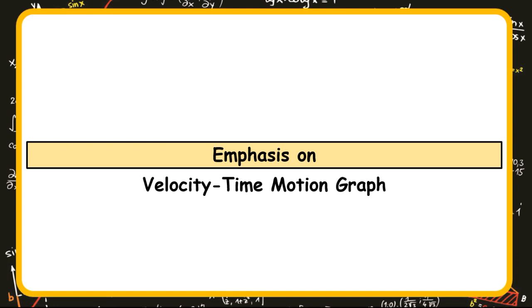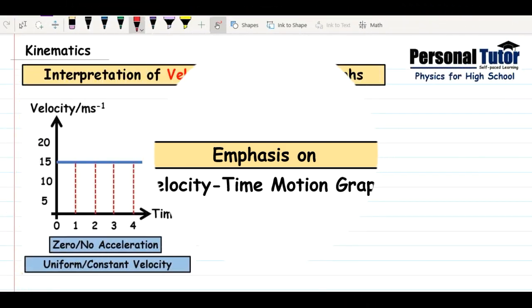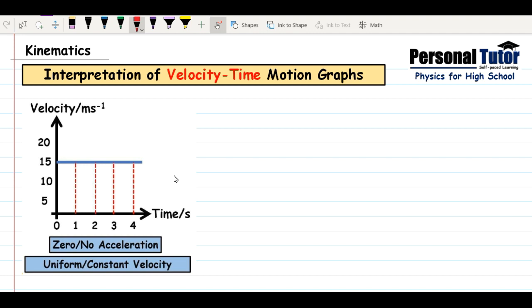Okay, let's lay emphasis on the velocity-time motion graph and know why they are called those various names. Starting with this graph, which we called zero acceleration, no acceleration, or uniform velocity, why is it zero acceleration?